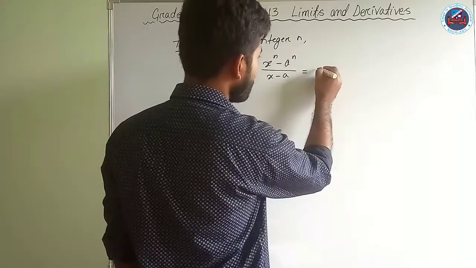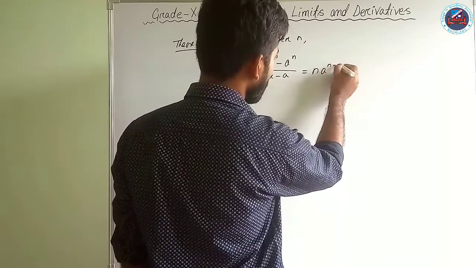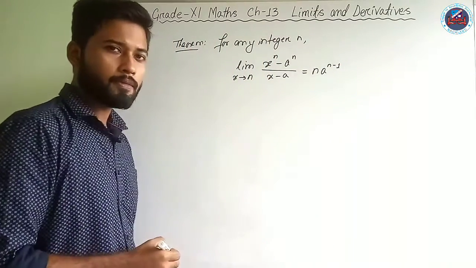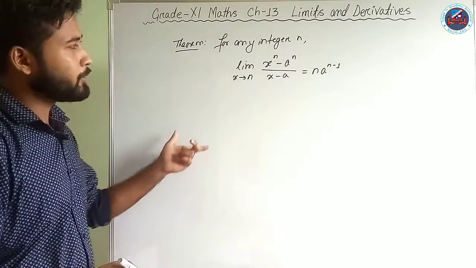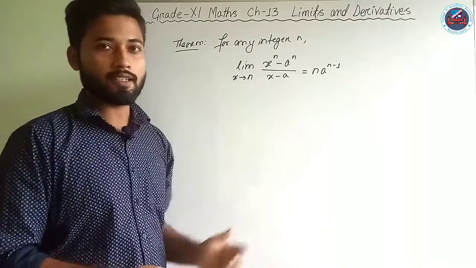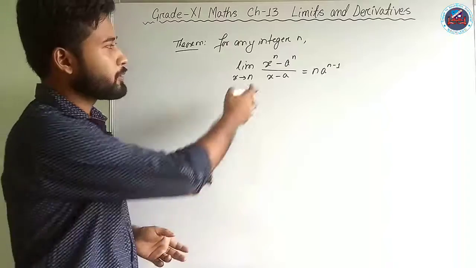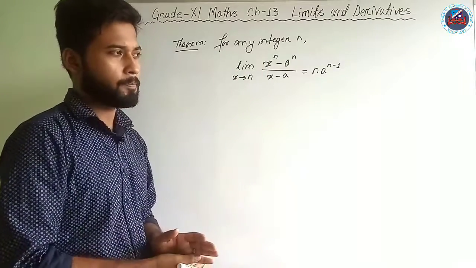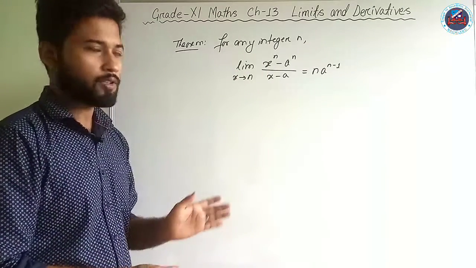This is equal to n a to the power n minus 1. A very beautiful theorem. So using this you can directly write the result here, or else you need to divide the thing and do it elaborately if you do not know this theorem.